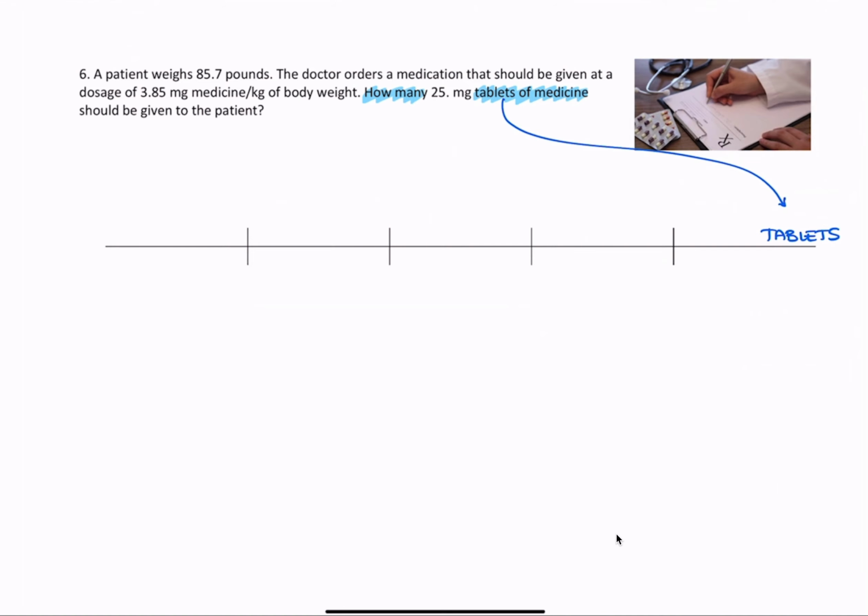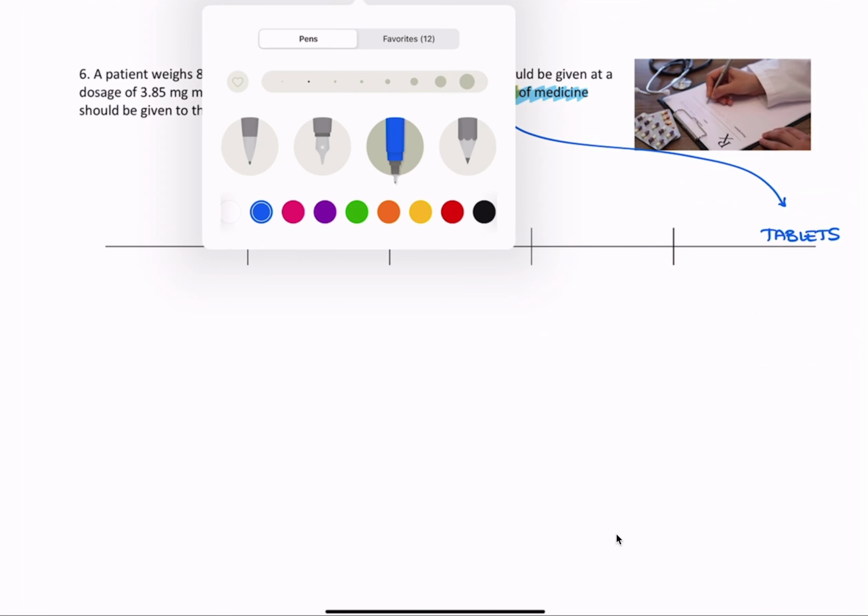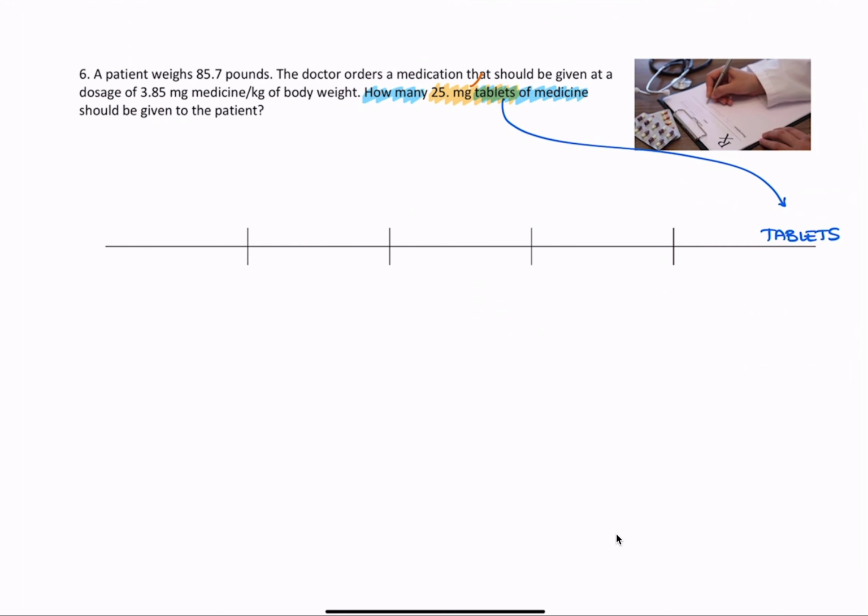What other information do you see here? Well, you're told that they are 25 milligram tablets. So what this means? I can write a relationship here. Every tablet consists of 25 milligram of medicine. I put the small m for medicine, okay?